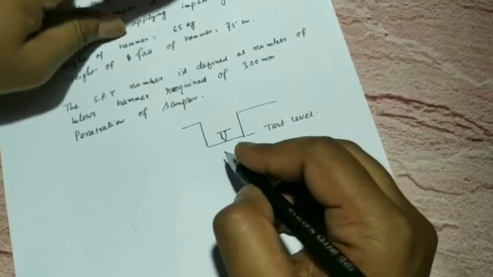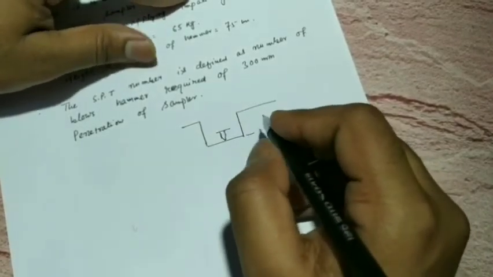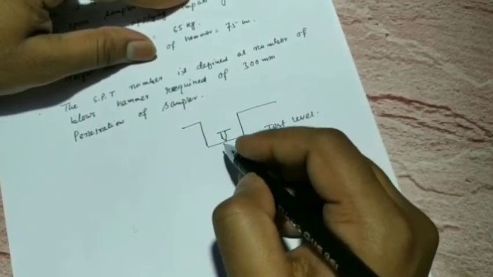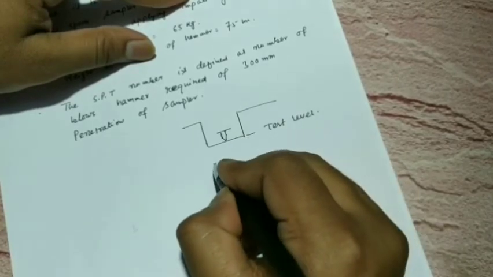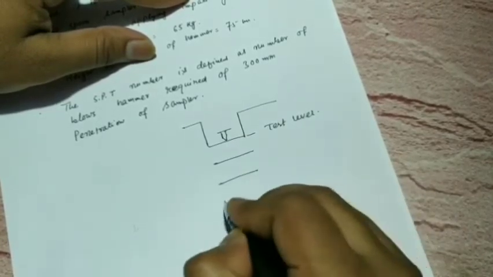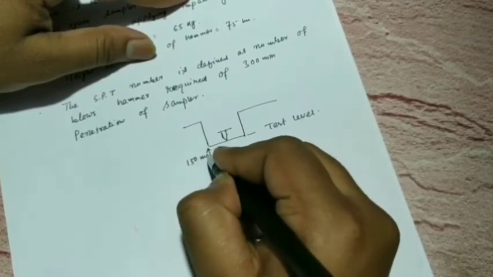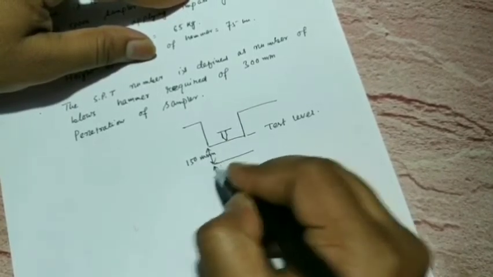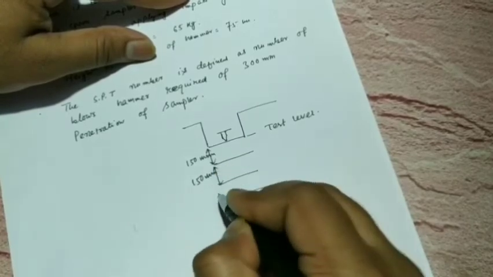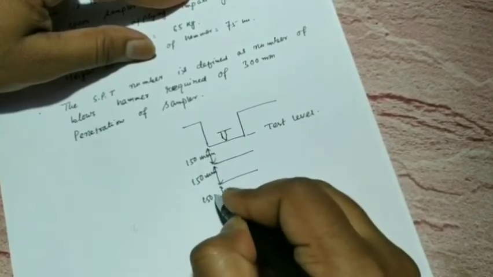So usually this test is performed in 3 stages of 150 mm, 150 mm and 150 mm. That means this is 150 mm, this is 150 mm, this is 150 mm.